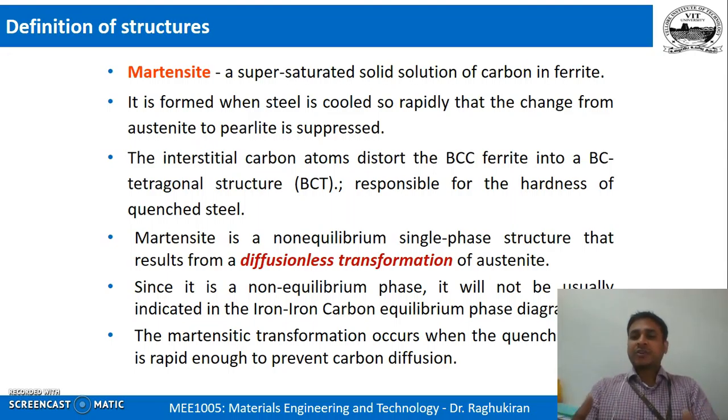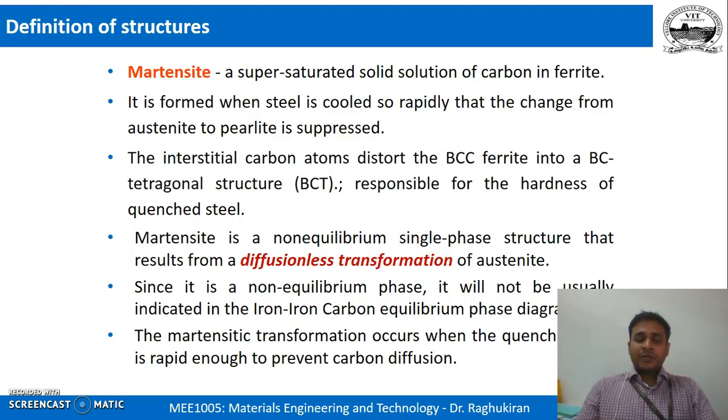But it is very short range, very coordinated movement of atoms, okay. So it is easy to change from FCC to BCT with very short range atomic movement, okay. So that is why it is converting from FCC to BCT if you don't give it time to convert to BCC ferrite, okay.